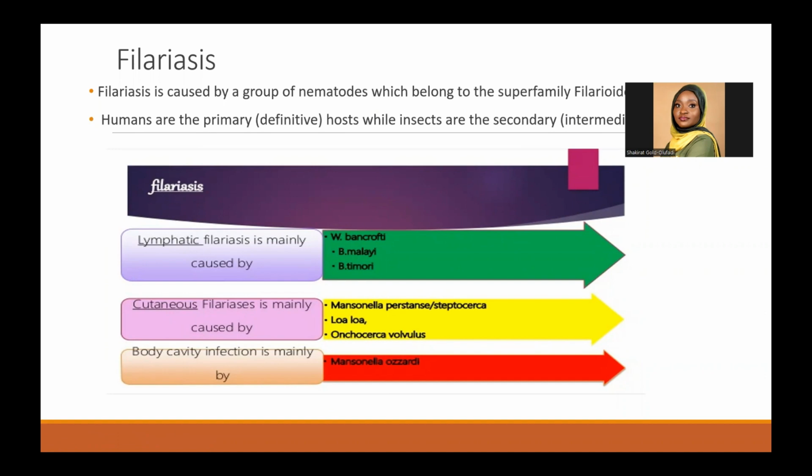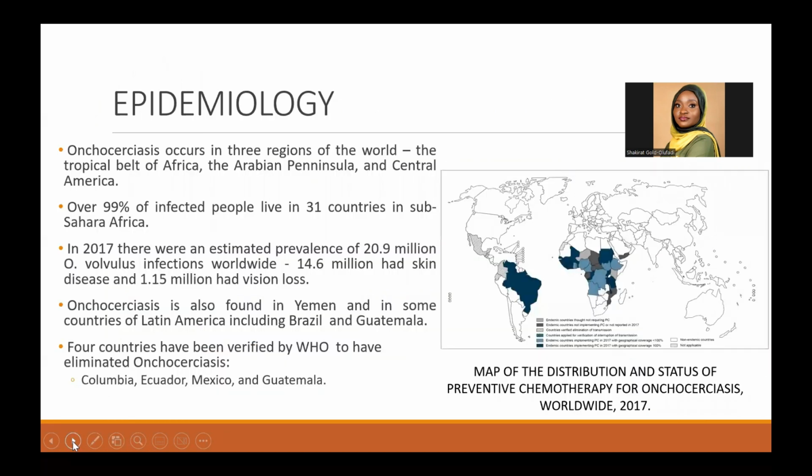There are others, like Loa loa and Mansonella, and those are out of the purview of today's lecture, but it's important for us to have an idea of filarial worms that cause filariasis in human beings.